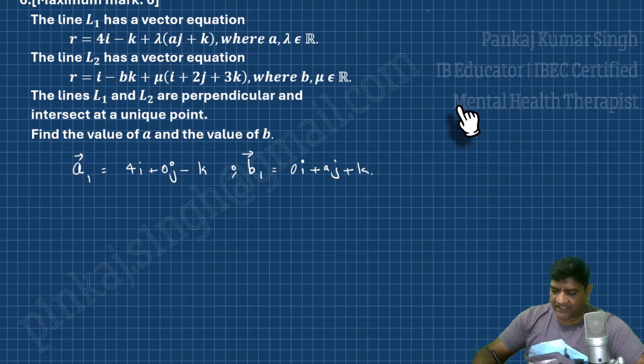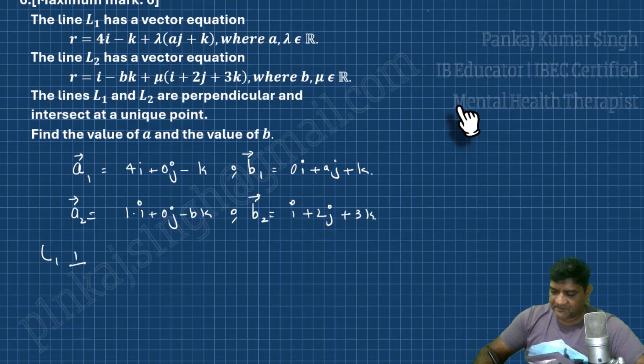And then I have a2 vector, the position vector of the point that line 2 is passing through, which is 1i plus 0j minus bk. And then the parallel vector can be written as i plus 2j plus 3k.